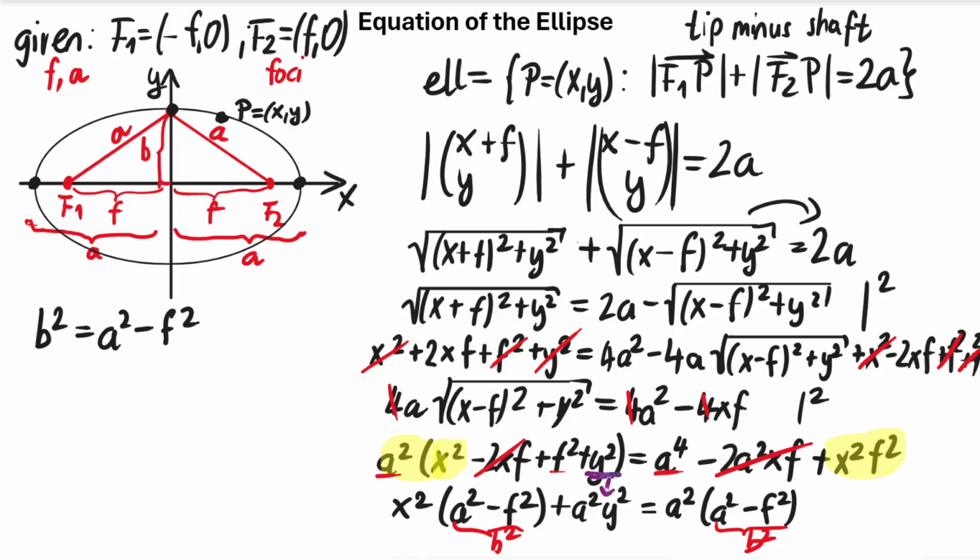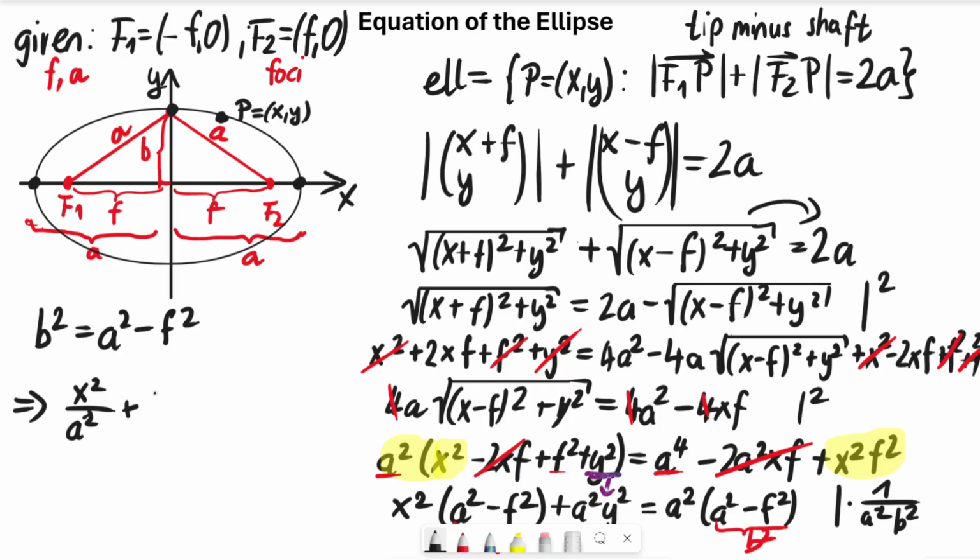And now we arrive at the classical formulation of an ellipse. I continue here on the left side. So I multiply the whole equation by 1 over a squared b squared. So I divide by a squared and b squared. And here it is: x squared divided by a squared plus y squared divided by b squared.